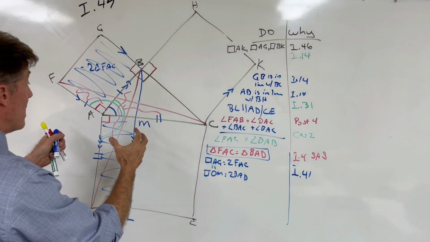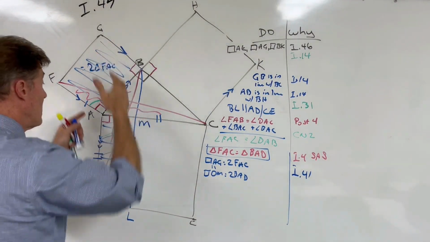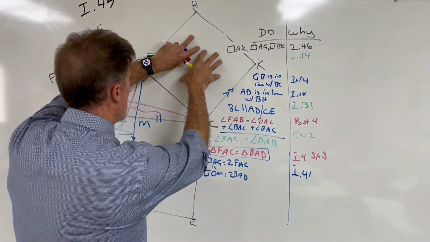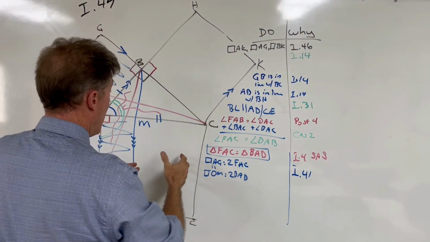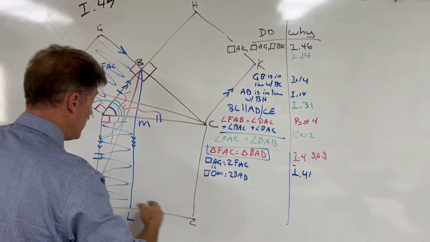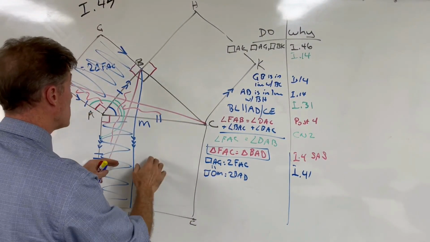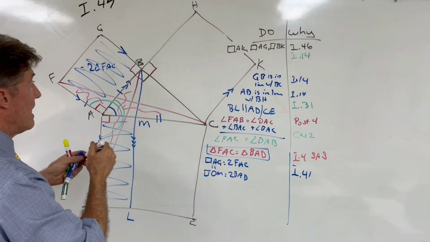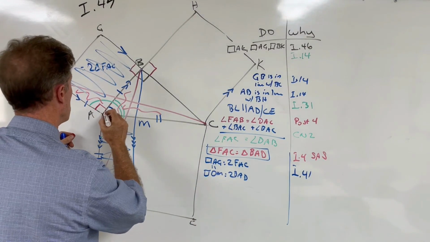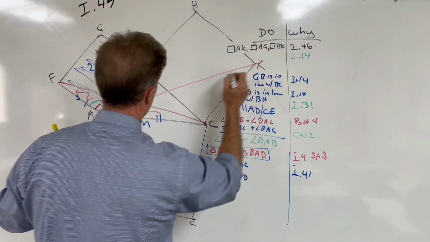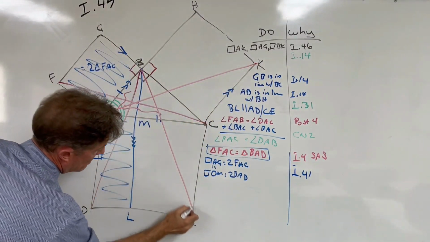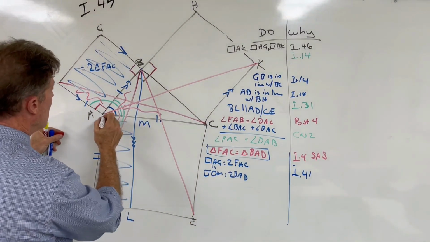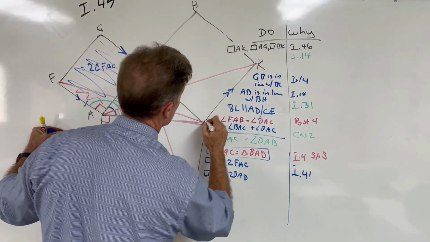Now, it just remains for us to show that since this square is equal to this portion of this big square, all we need to do is show that this square is equal to this portion. And since these two taken together are equal to the big square, then this square is equal to these two squares. And we do that by joining some more lines. So we're going to join AK, and we're going to join BE. And what you should be able to see is that we create 2 more triangles.